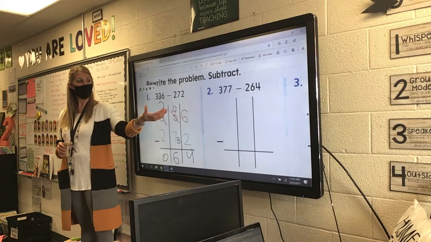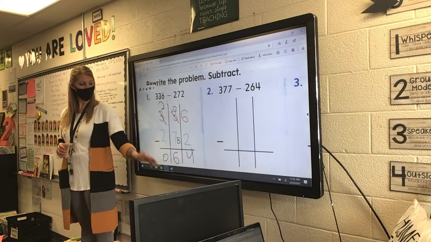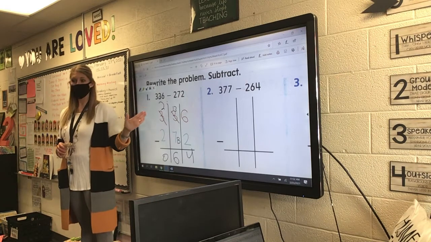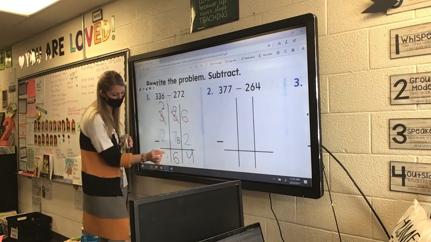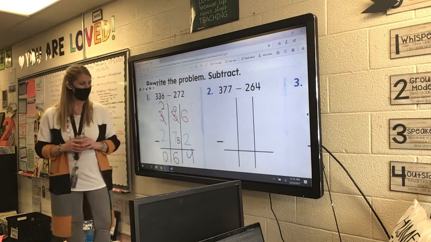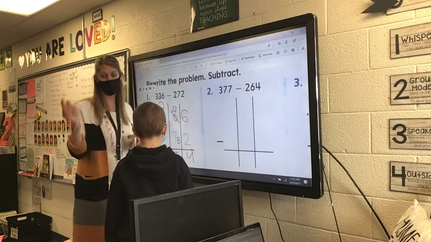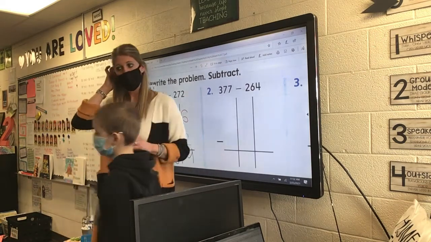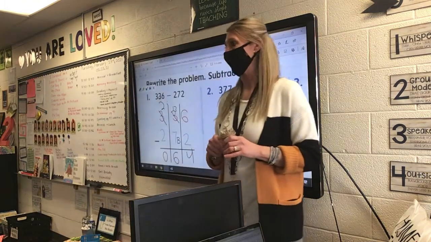And he moved 10 over here, so this 3 becomes 13. 13 minus 7 is 6. What's that one? 2 minus 2 is a 0. This one right here is a 0. It's a 4. 6 minus 2 is 4. You need to know that 6 minus 2 is 4.